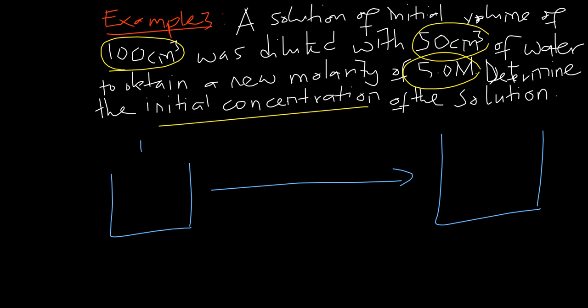The concentration of the first solution, the volume of the first solution, we'll be putting that there very soon. Concentration of the second solution, volume of the second solution, we'll put that there soon. Now, we are also told that it was diluted with 50 cm cube of water. So 50 cm cube of water was added to the first solution to get the second solution.